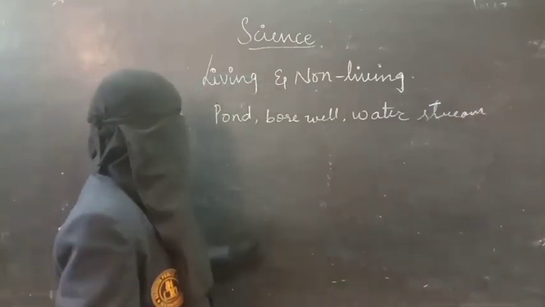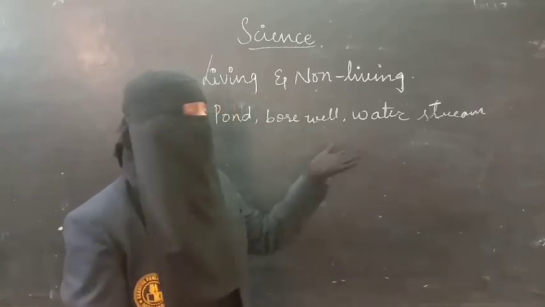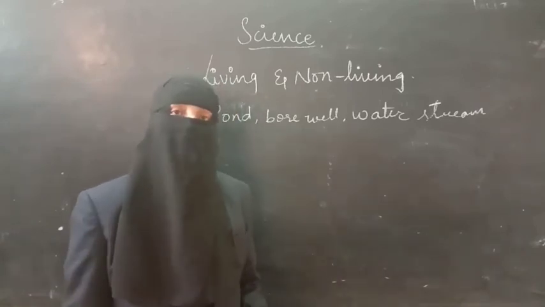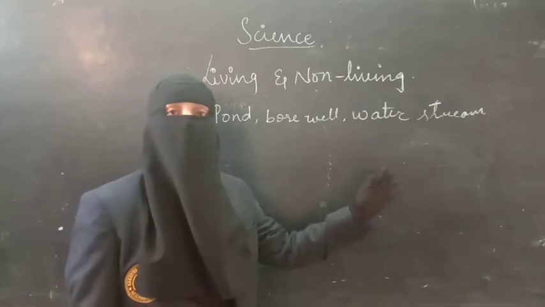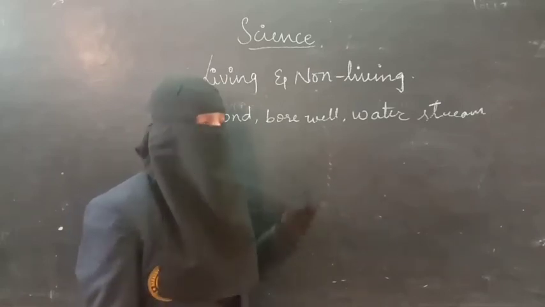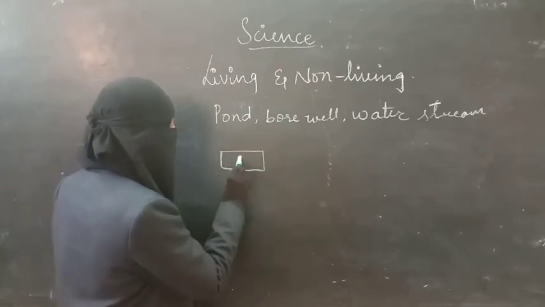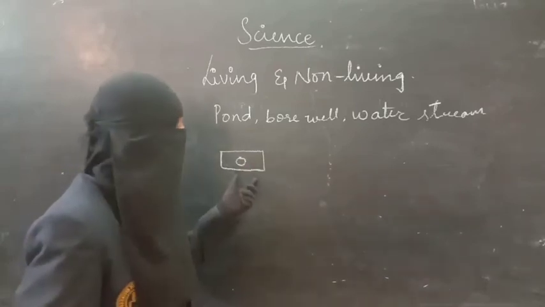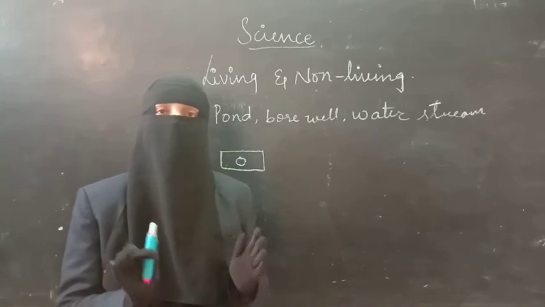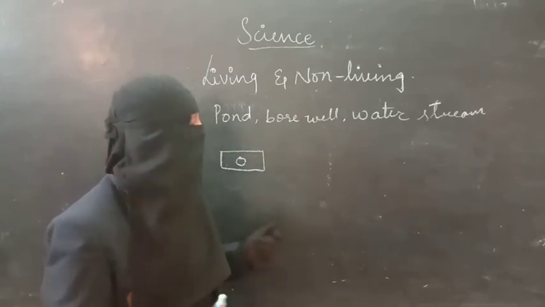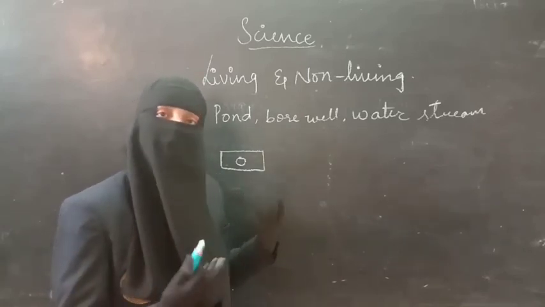Now we have got the samples of water, keep them separately. You should not mix these waters because individually we have to test them under the microscope. For this activity you have to take a slide. With the help of the slide we are going to put the samples. This slide will be kept on the platform of a microscope. Then only we are able to observe all the organisms.